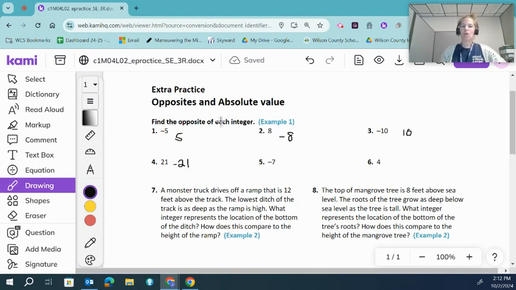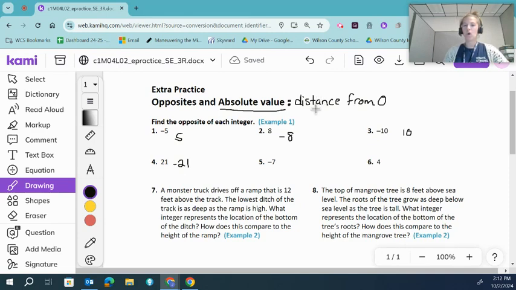Now absolute value is the distance from zero, how far away something is from zero. Distance can only ever be positive.